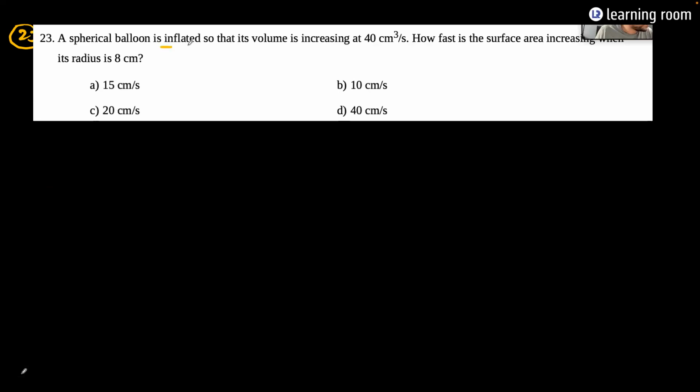So a spherical balloon is inflated so that its volume is increasing. So volume of the spherical balloon is 4/3 pi r cube. What is given? dV by dt is equal to 40. Now they asked how fast is the surface area increasing.